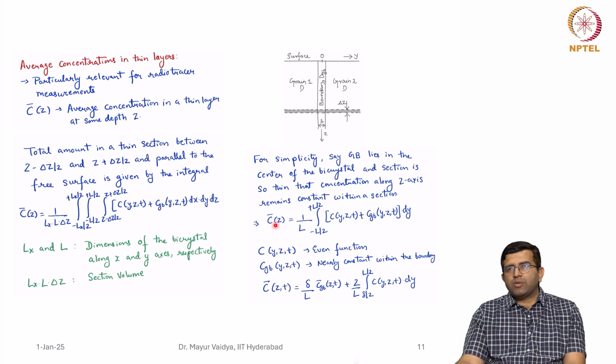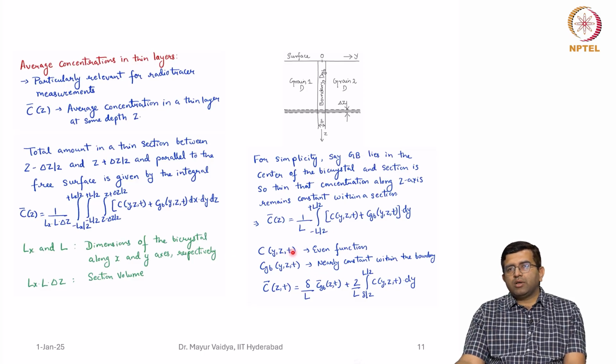Therefore, ultimately it comes to C bar is equal to 1 over L, integral from minus L by 2 to plus L by 2 of C of y z t plus CGB of y z t, dy, because for dz you are basically saying that there is no variation. And again for simplicity, we also assume that it lies in the center.